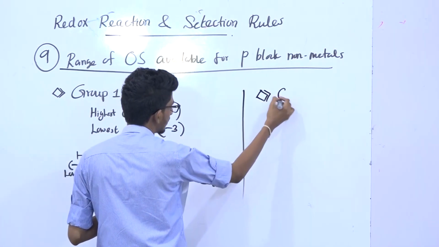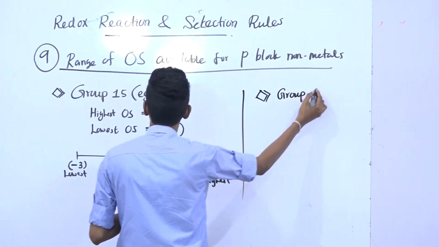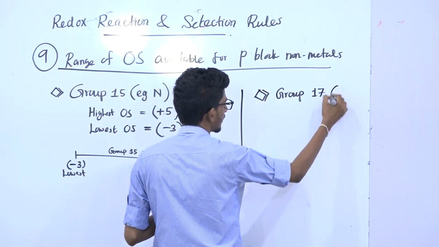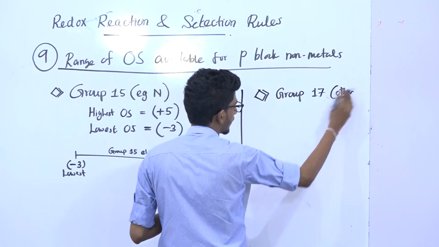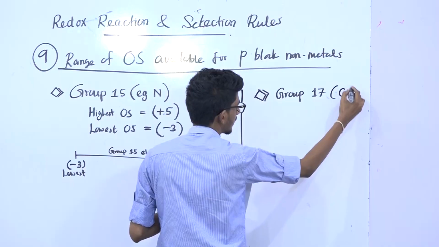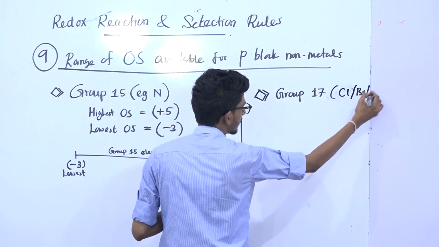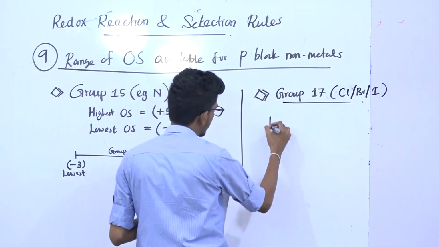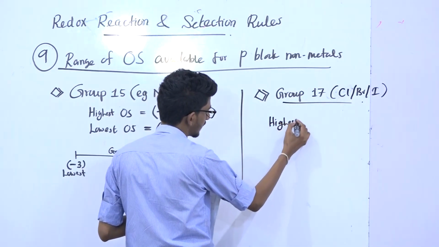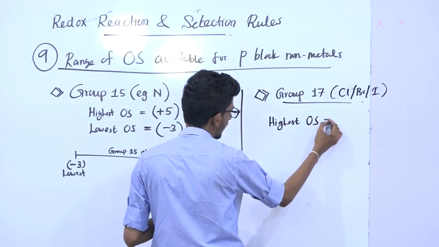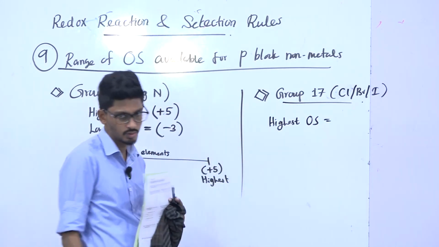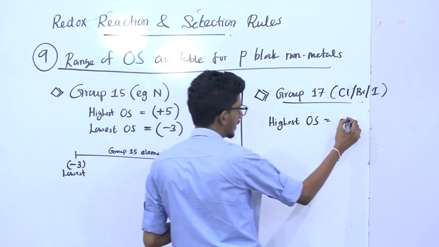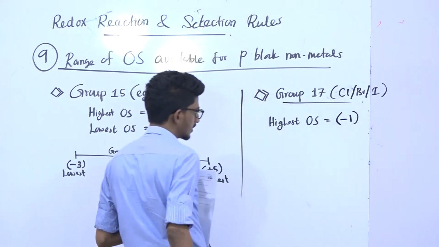Now let's apply the same for group 17: chlorine, bromine, iodine. Do not include fluorine. In group 17, 7 electrons are there at your valence shell. Gaining 1 electron will complete the octet, so gaining 1 electron means -1.